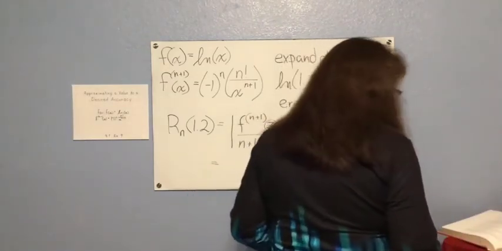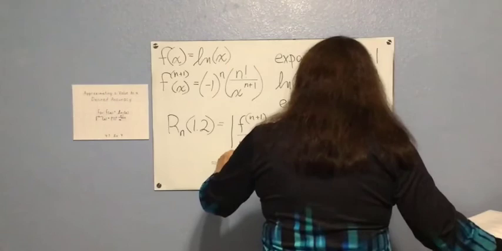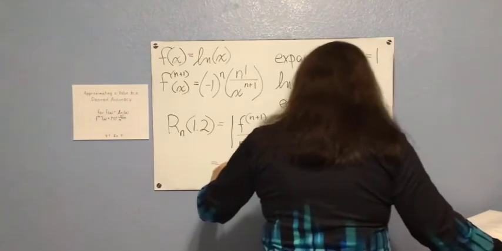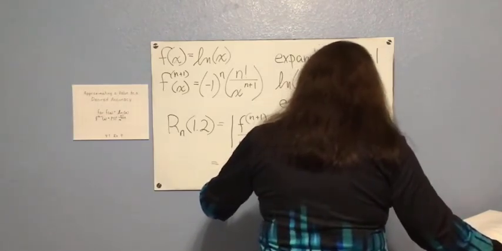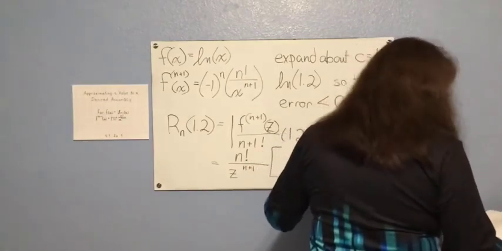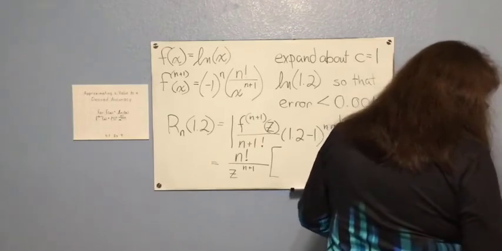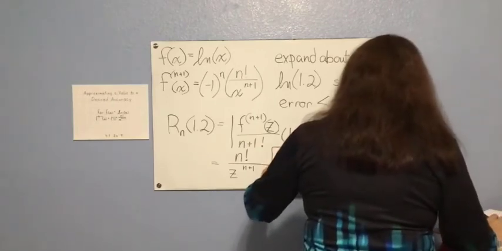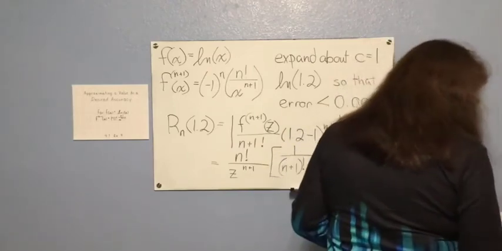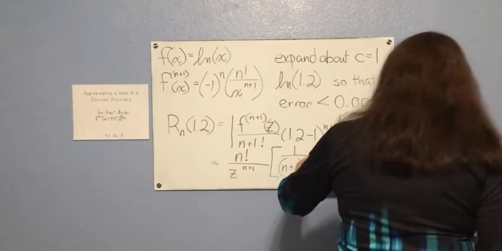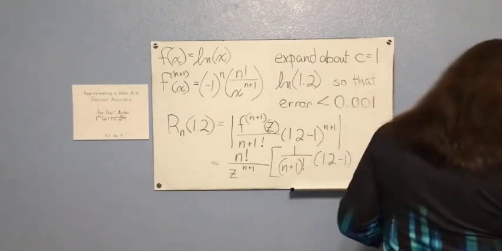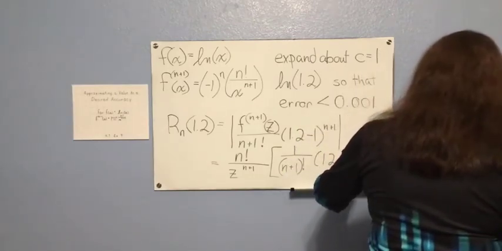Okay, and we can simplify this a little to n factorial over z to the n plus 1 times 1 over n plus 1 factorial times 1.2 minus 1 to the n plus 1.